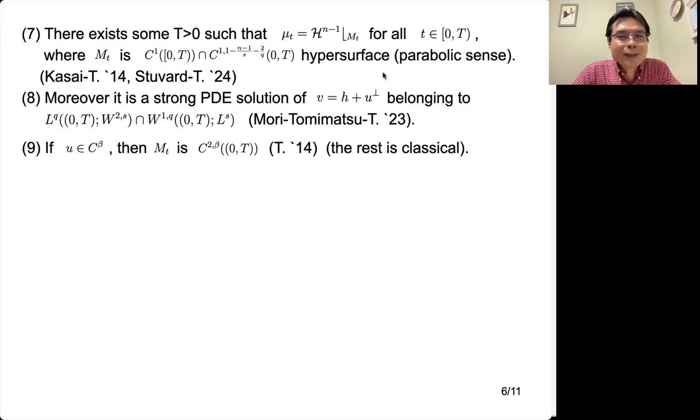So there's certain regularity for a short time, and also it's a strong solution during this time. We know that it's a strong solution in a PDE sense.